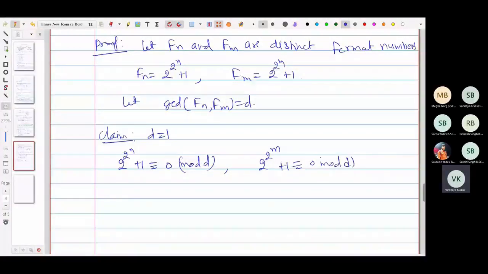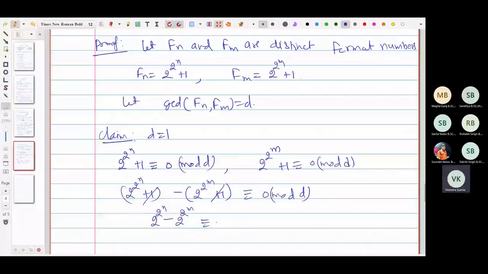And then using the property of congruence modulo n, let us subtract them side by side. The plus 1 terms cancel, so we have 2 to the power 2 to the power n minus 2 to the power 2 to the power m is congruent to 0 modulo d.